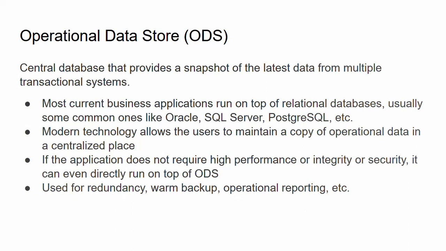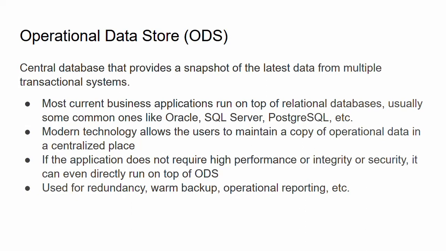But why do we have it? How do we get the ODS? Because currently, most business applications run on top of a relational database. They use a relational database as their transactional system, and usually these are common databases like Oracle, SQL Server, Postgres, right? So modern technology allows these databases to be copied into a separate database.